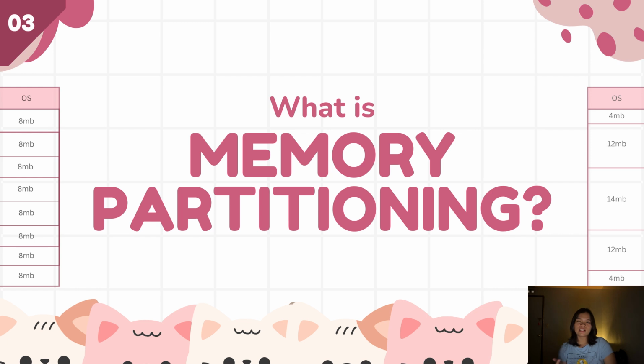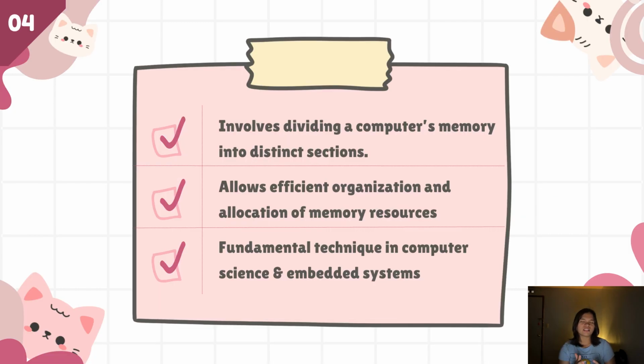So what is memory partitioning? Memory partitioning simply means dividing a computer's memory into separate sections and partitions. Think about it like slicing a cake. Each slice or partition can be assigned to different processes or programs.